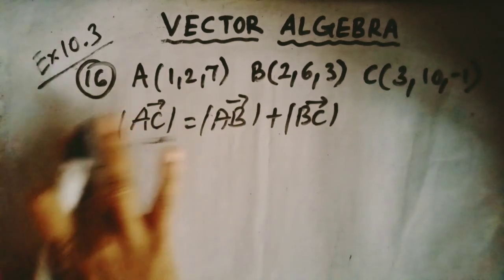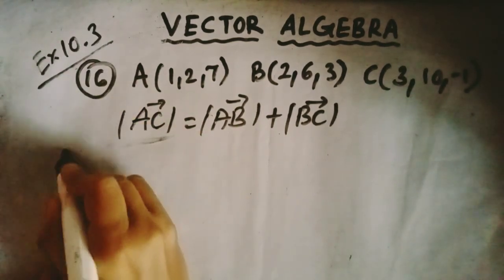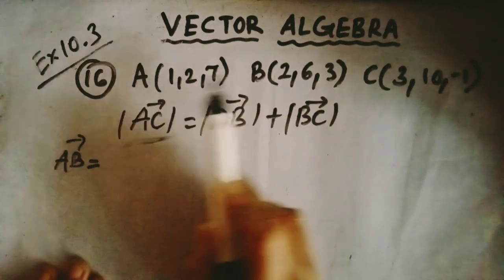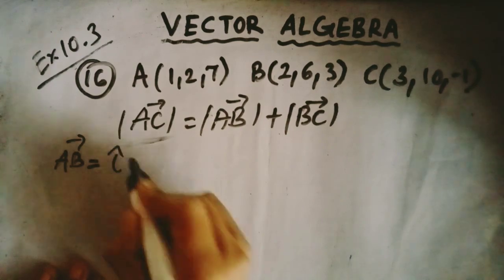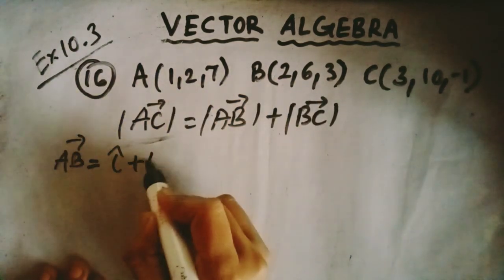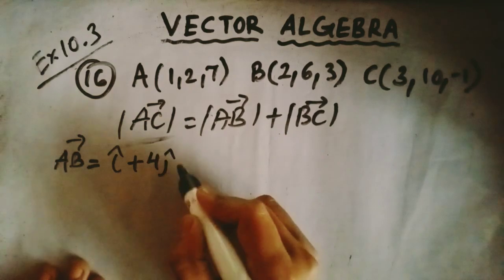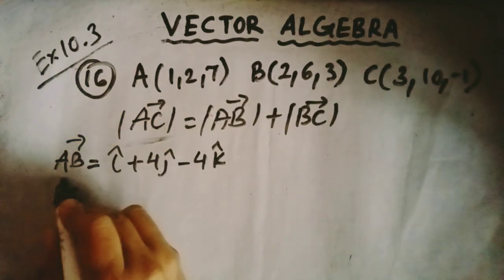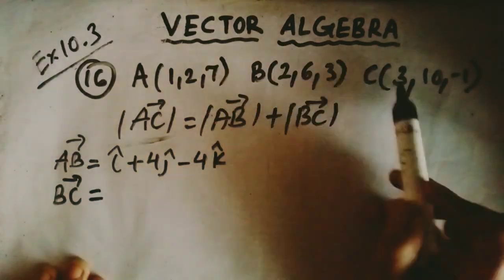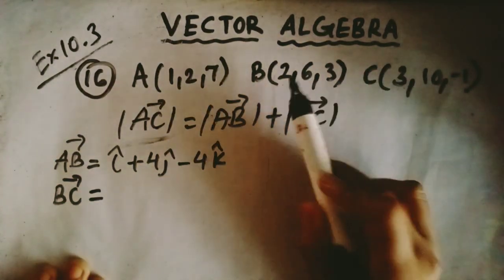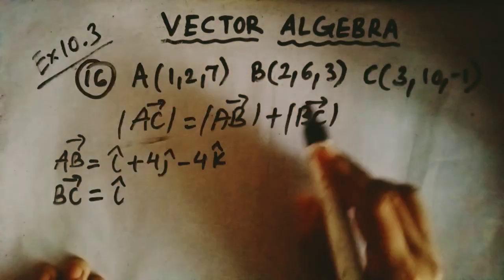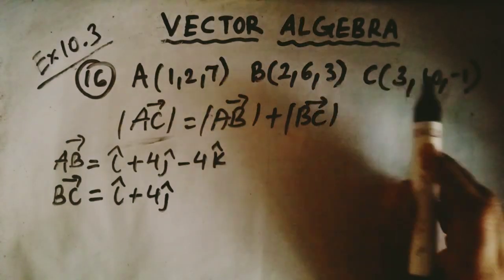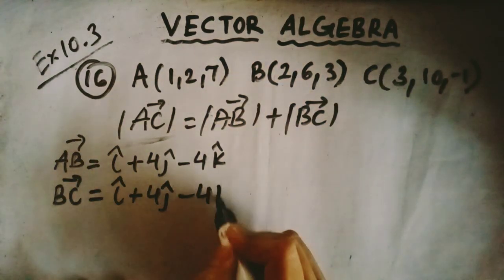Okay, so first we'll find AB vector, B minus A, 2 minus 1 1, 6 minus 2 4, 3 minus 7, so minus 4. Then BC vector, BC, so C minus B, 3 minus 2 1, 10 minus 6 4, minus 1 minus 3 minus 4.